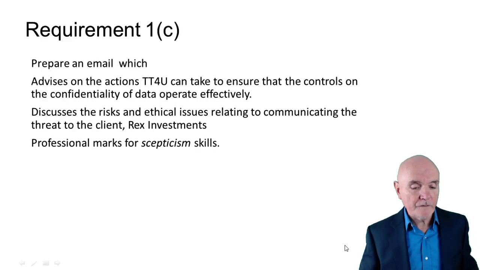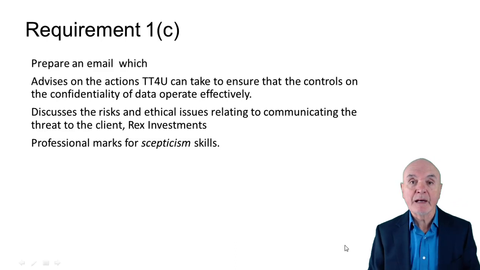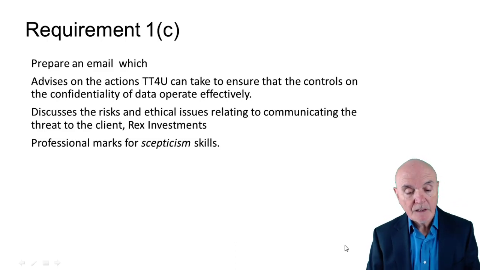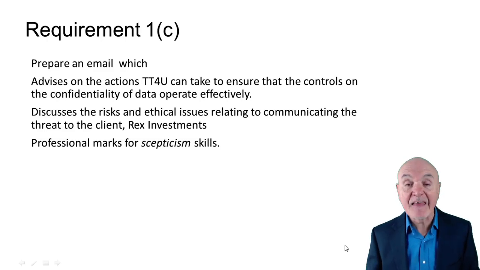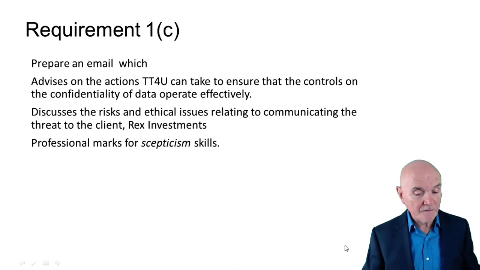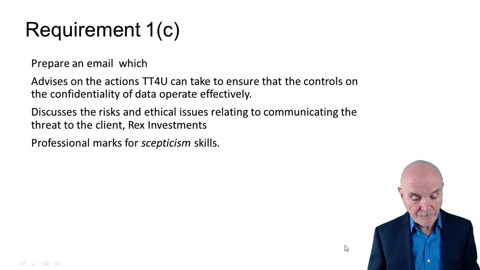1C of the question asks us to prepare an email, which is really in 2 parts. First of all, advising on the actions we can take to ensure the controls on the confidentiality of data operate effectively, and then discussing the risks and ethical issues relating to communicating the threat to the client Rex Investments. That threat is discussed in Exhibit 5.